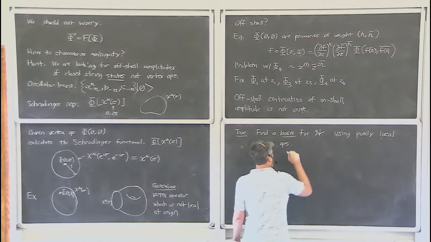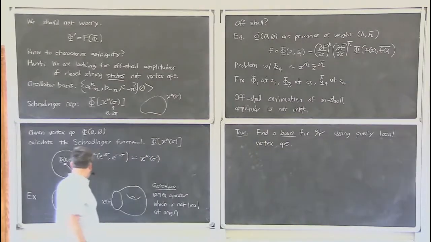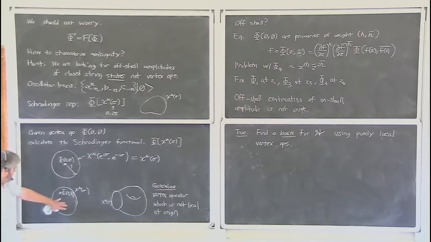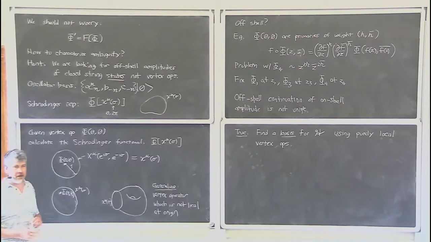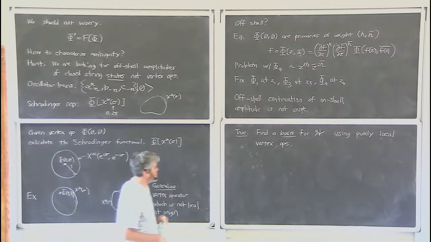Okay? So that means that in some sense we can write these states in terms of infinite sums of local vertex operators, but the infinite sum itself may not be a local vertex operator in the conventional sense.